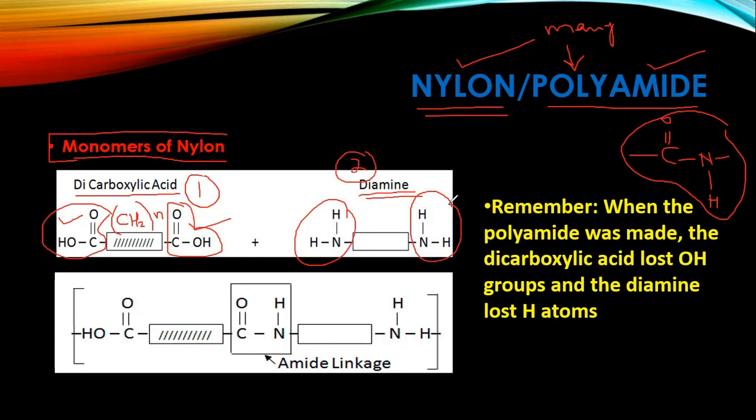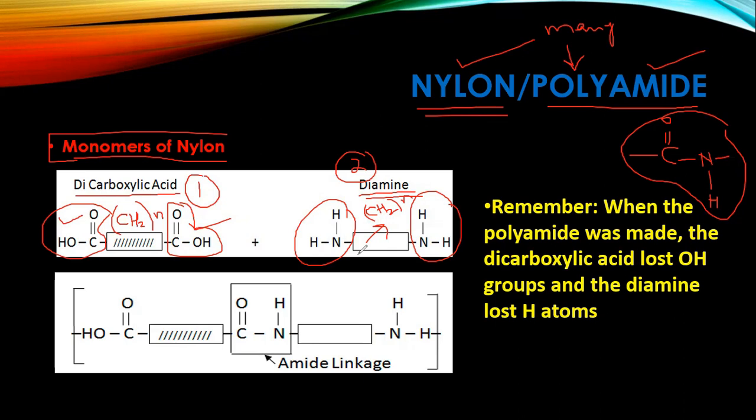Amine is a derivative of ammonia, remember? That's why its name is amine. Again, you can look into this box. This box shows nothing but the CH2 groups repeated in between many times.